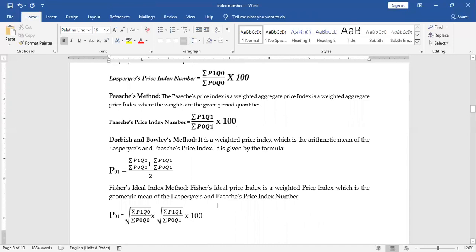Next, Drobisch and Bowley take the arithmetic mean, and it's a combination of Laspeyres' and Paasche's.